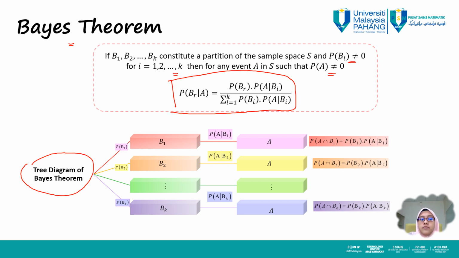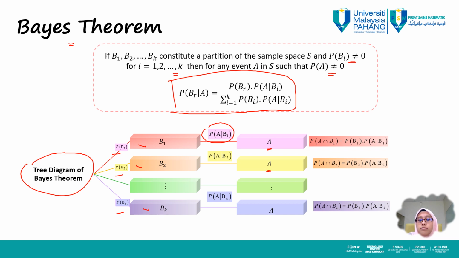If you can see, we have B1, B2 until Bk. So we can find the probability for B1, B2 until Bk also. And then after B1, we have A. This one is called P(A given B1). How about the second A?